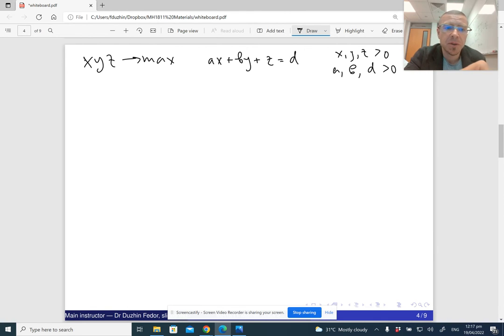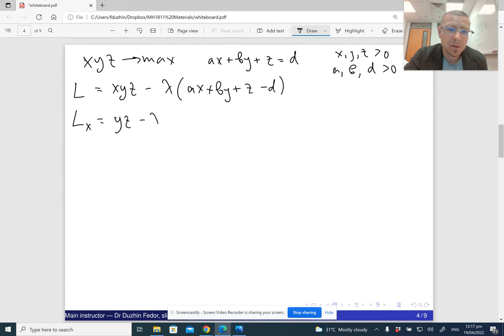This is a Lagrange multiplier problem, so we've got to write a Lagrangian function. It is the objective function xyz minus lambda times the constraint, so ax plus by plus z minus d. Then we find critical points of the Lagrange function, finding partial derivatives and equating them to 0. The partial derivative of L with respect to x is yz minus lambda a.